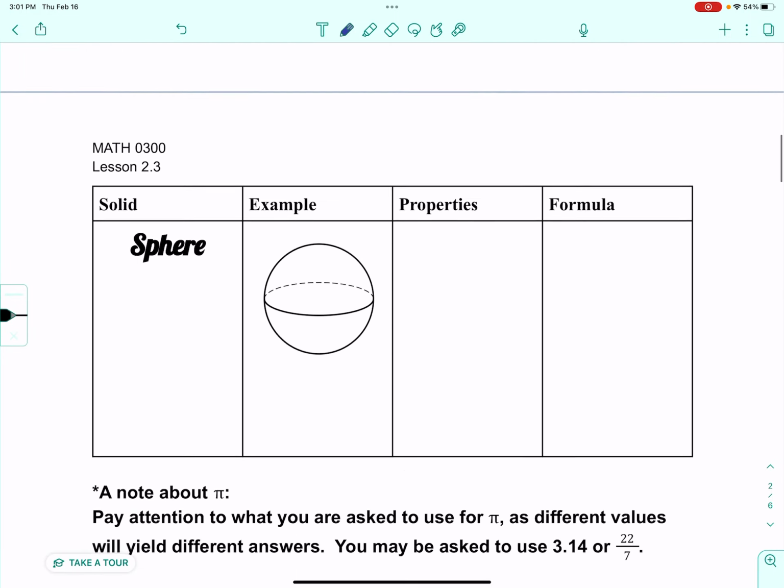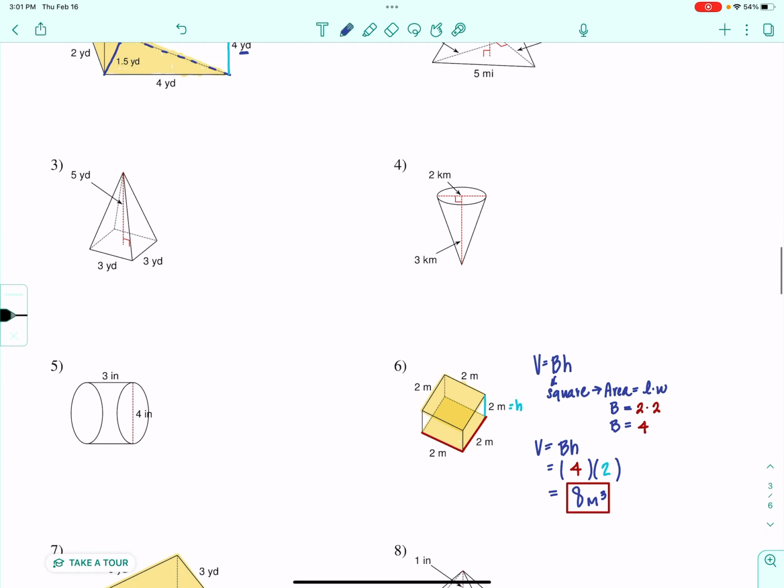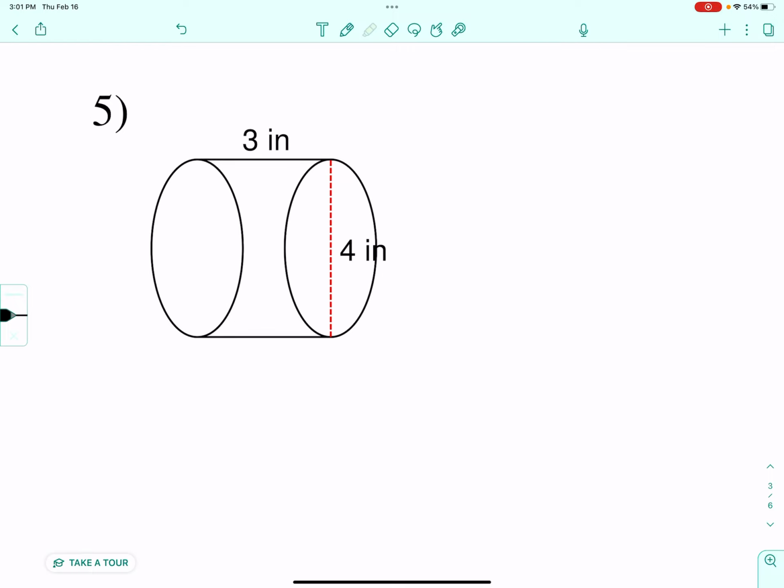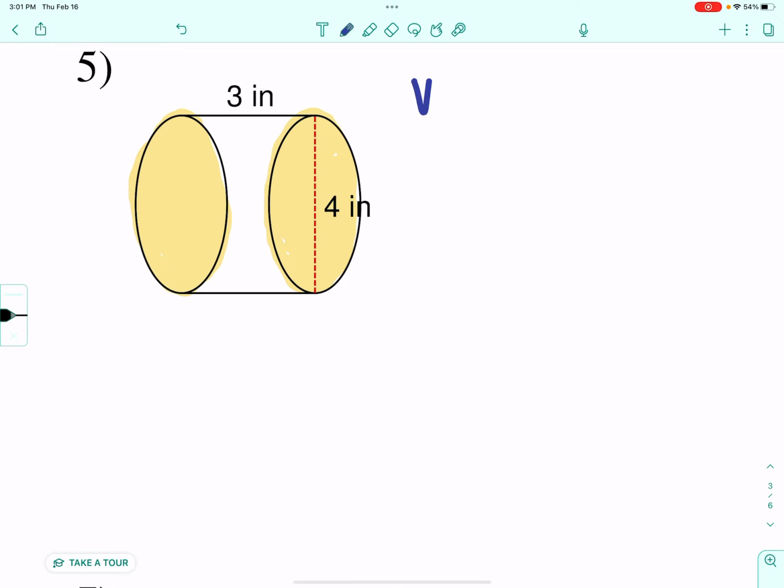Let's go find a cylinder. Here we go. How do I know it's a cylinder? Well, it has two circular, parallel, congruent faces called bases, and they're connected by a rectangle that's been wrapped around them. My formula is pi r squared h.